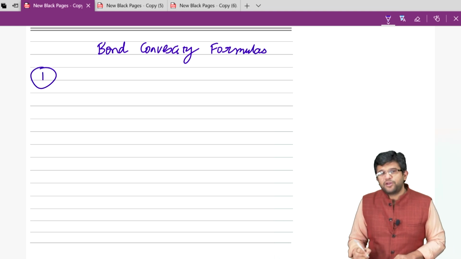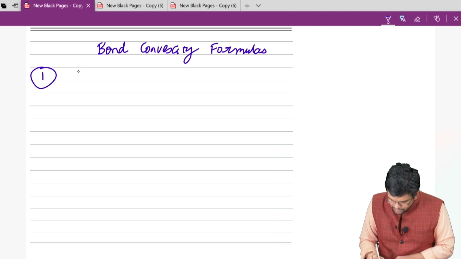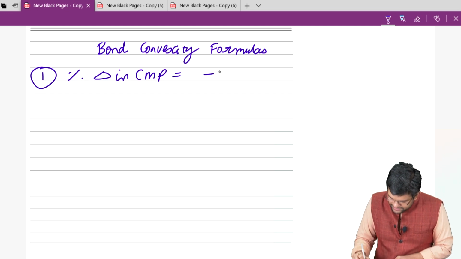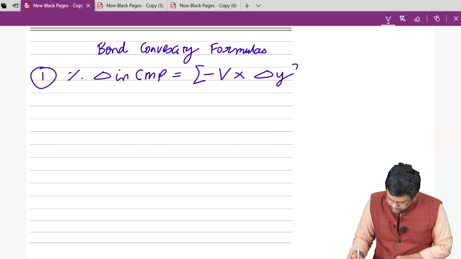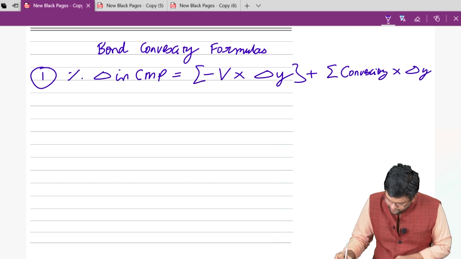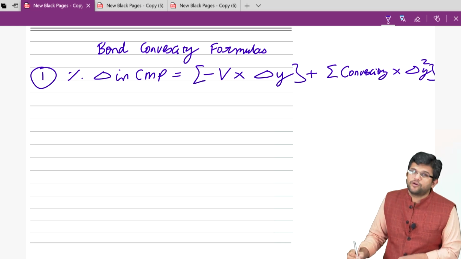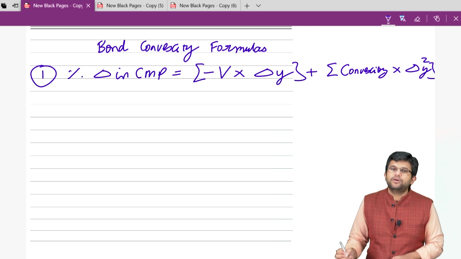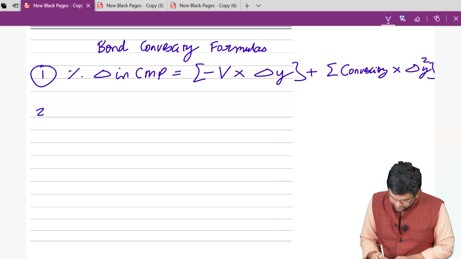The first formula that you need to remember is percentage change in current market price is equal to minus V into delta Y, the whole plus convexity into delta Y square. Okay, so this is the first formula, minus V into delta Y plus convexity into delta Y square.